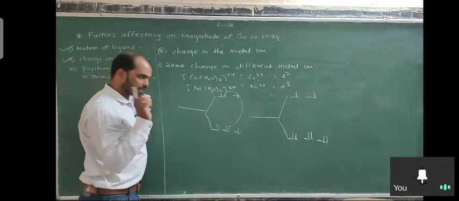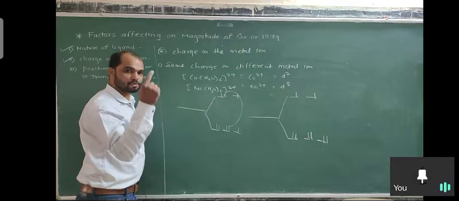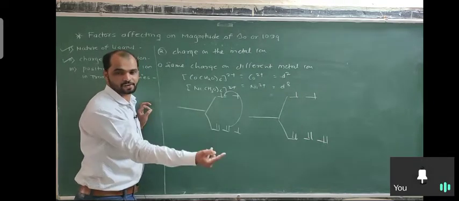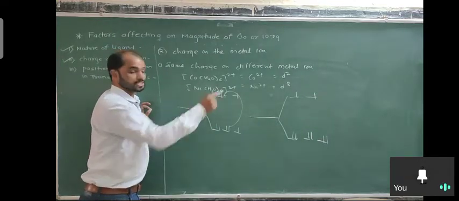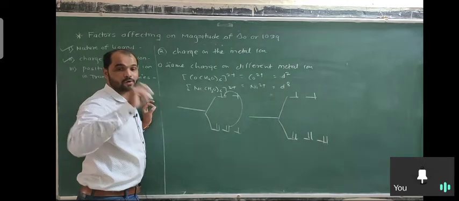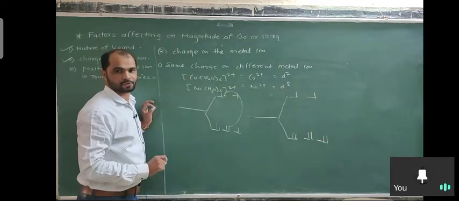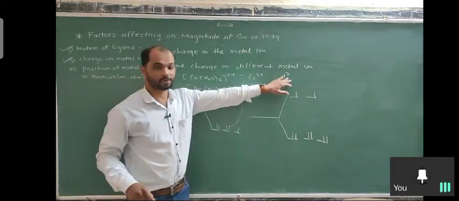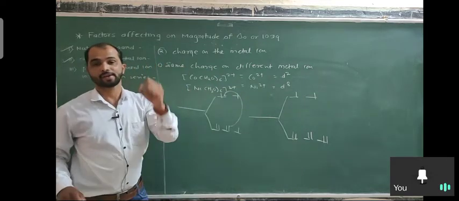So the system which has more electrons will absorb the lower value, or the system having fewer electrons absorbs the higher value. The system having the higher number of electrons will show the lower value of 10 Dq, and the system having the lower number of electrons will show the higher value of 10 Dq.